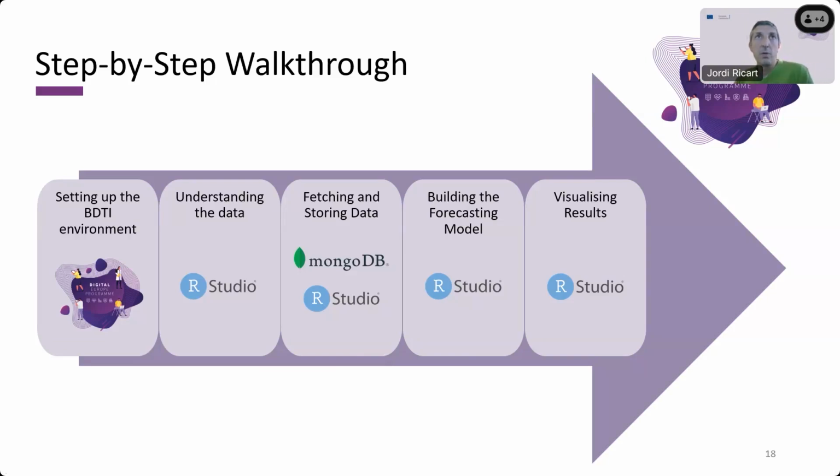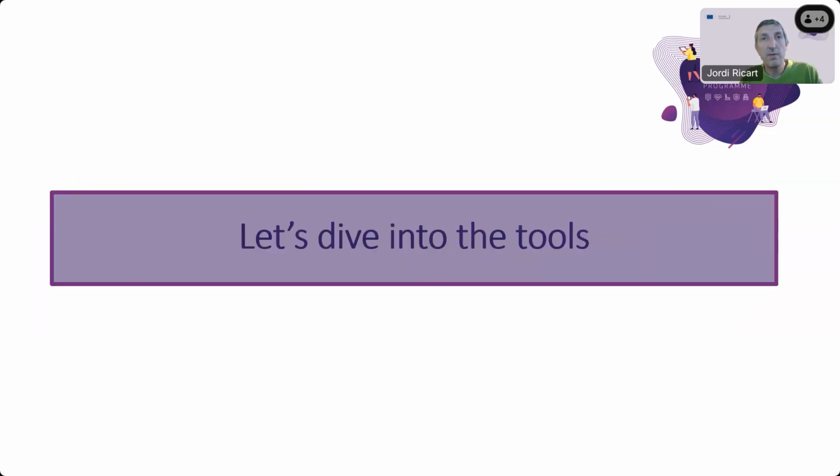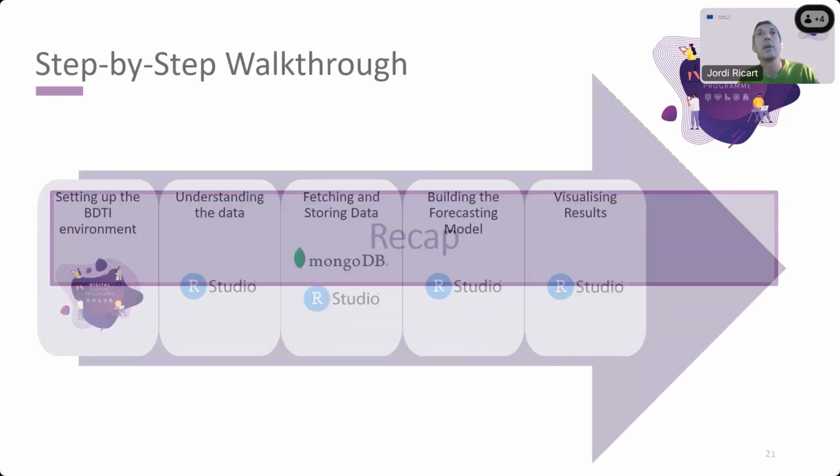We saw how to fetch and how to store the data into the database with R. And then we built a forecasting model and visualized the results. Again, all the automation was covered in a few other seminars. So I think that was the idea, to show you the summary of what we've done today. That was the recap.